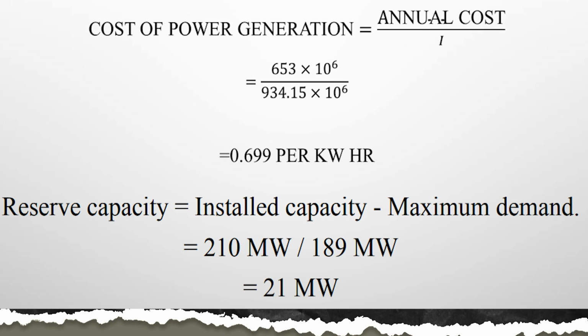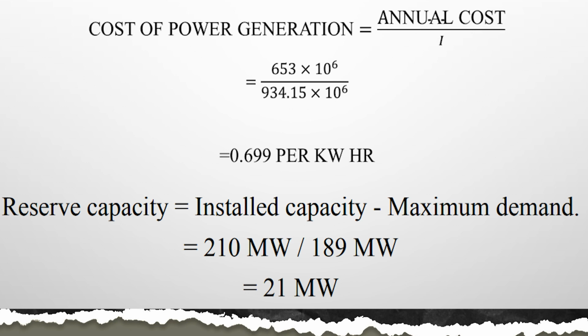And the second thing we have to find out is the reserve capacity of the power plant. As we know, it is installed capacity minus maximum demand. Installed capacity, which is given in data, is 210 megawatt minus 189 megawatt.